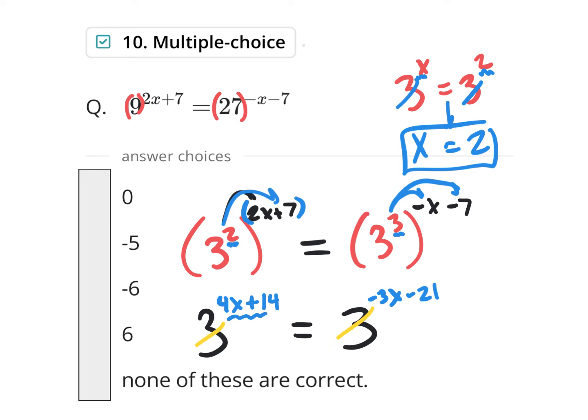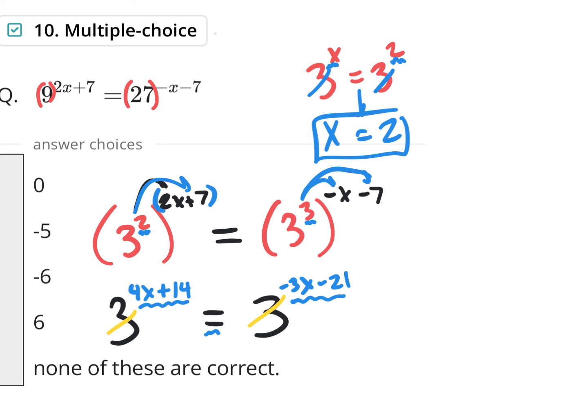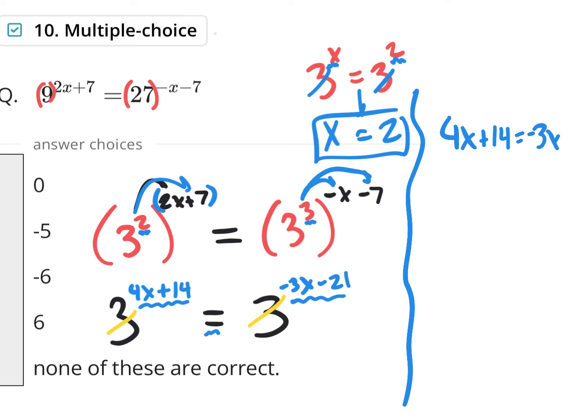We have 4x plus 14 equals negative 3x minus 21. Let me actually write that down over here on the side. 4x plus 14 equals negative 3x minus 21.